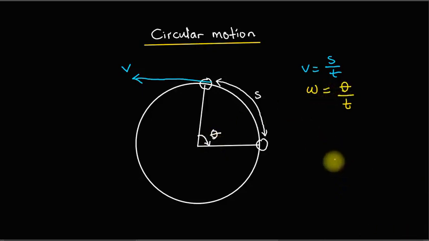Alright, moving on. From the formula for the length of an arc from mathematics, theta over 360 times the circumference is equal to the length of an arc.